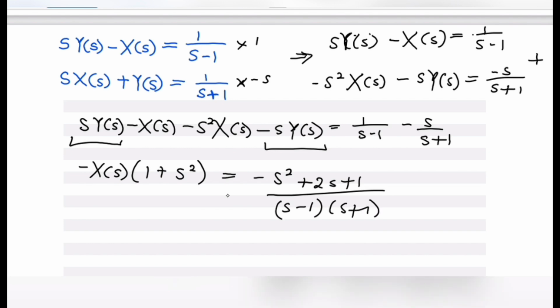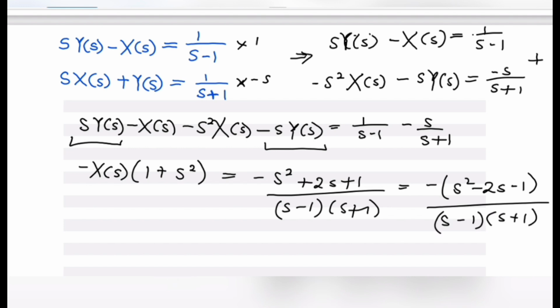This you can rearrange to be negative into s squared minus 2s minus 1 all over s minus 1, s plus 1. So you see we have a negative sign here and a negative sign here, so these can easily cancel each other.